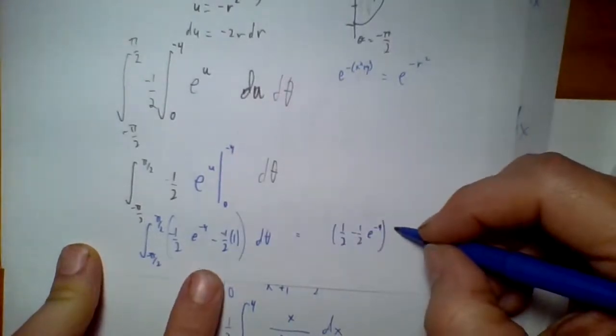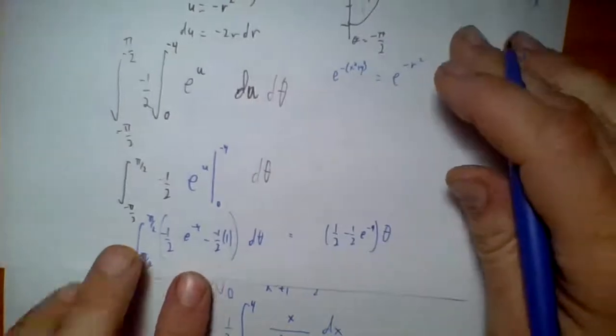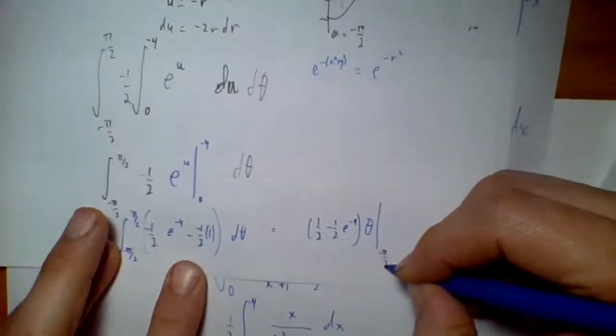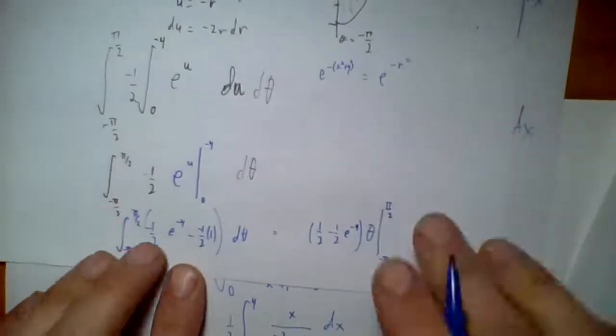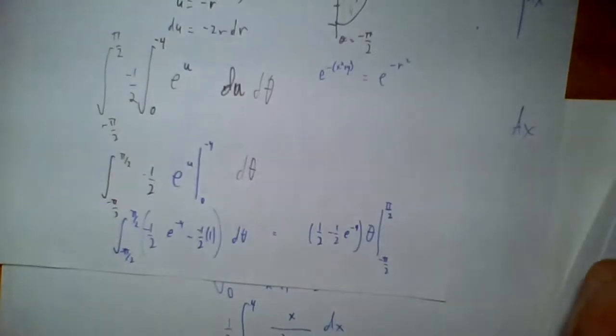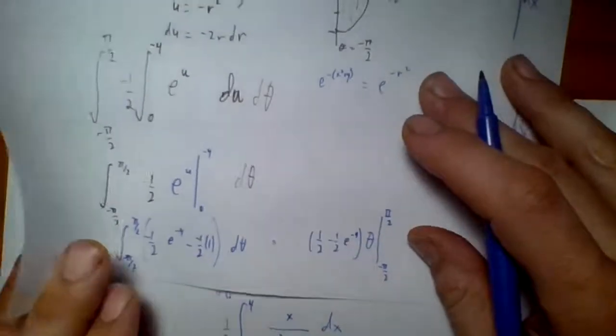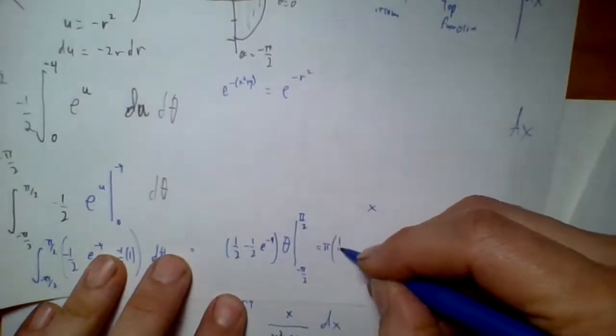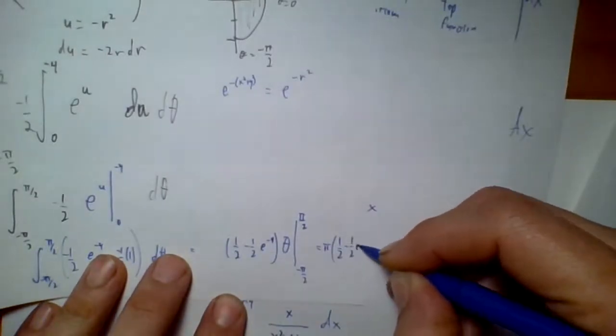Antiderivative of constant is just the constant times theta. And then I'm going to evaluate that from minus pi over 2 to pi over 2. So this minus that is pi. And I've got pi times 1/2 minus 1/2 e to the minus 4.